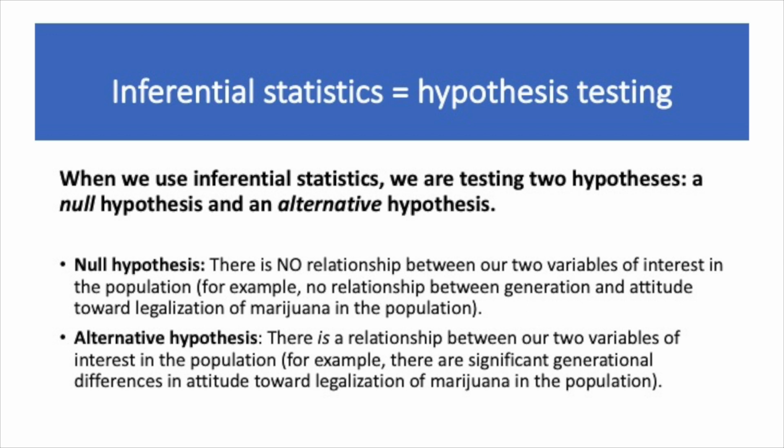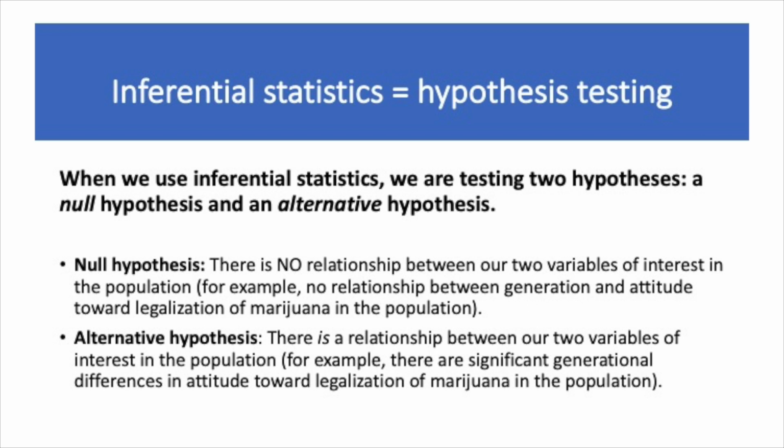All right? On the other hand, our alternative hypothesis is when there is a relationship between our two variables of interest in the population. For example, perhaps there is a significant generational difference in attitude toward legalization of marijuana in the population.